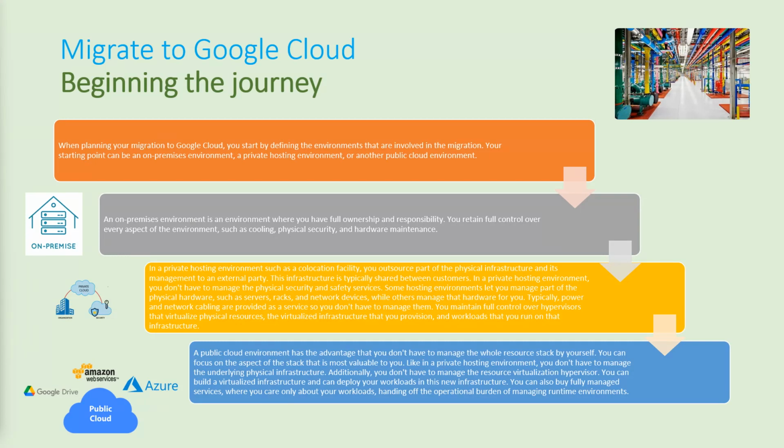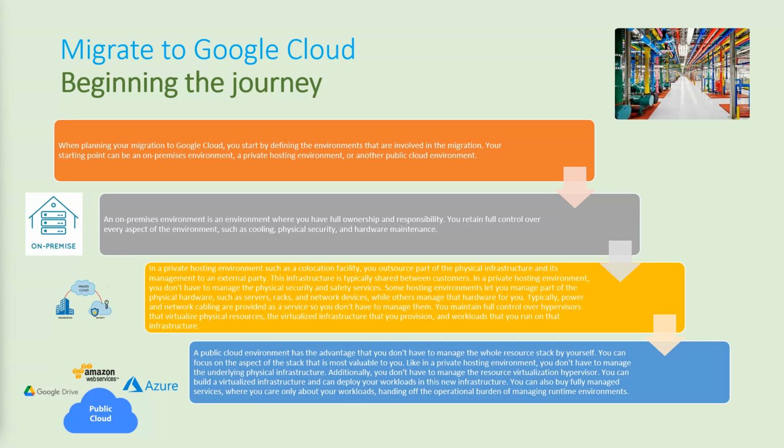And then it comes to a public cloud environment. What's the advantage of public cloud? There are so many, except one: it's costly. It costs a lot of money, but you don't have to manage the whole resource stack by yourself. Basically, you can focus on whatever is most valuable to you, and you don't have to worry about the underlying physical infrastructure. You don't have to manage the resources, virtualization, or hypervisor.